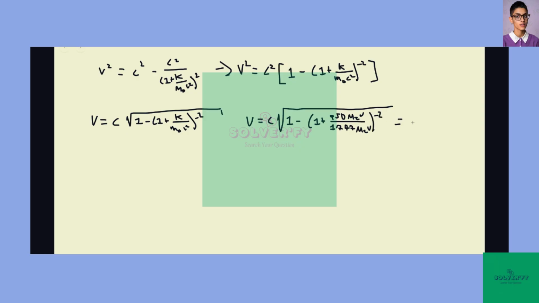And this comes out to a velocity of 0.7585 c, so about 75% the speed of light. Or we can say v over c is equal to 0.7585. So that's its velocity relative to the speed of light.